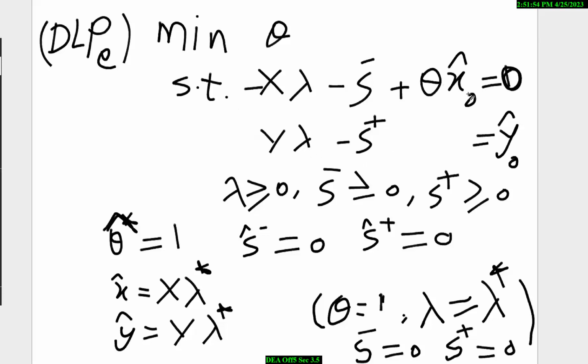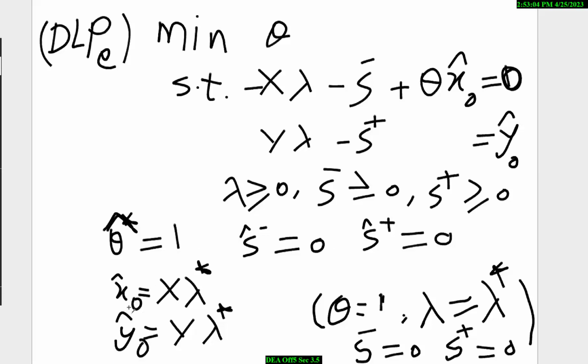It was proved that the CCR projection is efficient. So the max slack optimal solution, which means first minimizing this, and in the second phase maximizing the summation of the slacks, will give theta hat equal to 1 and the slacks equal to 0.